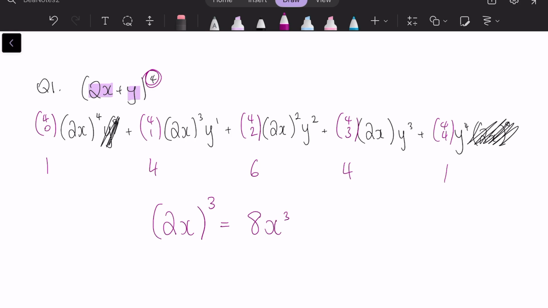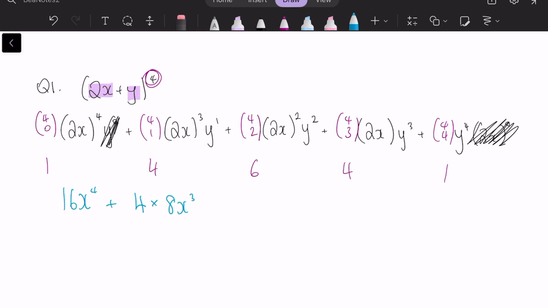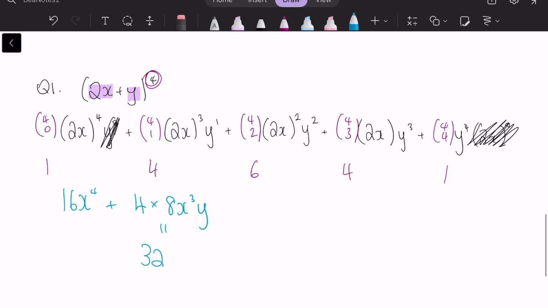Now we have to do the expanding for all the terms. So the first term will be 16x^4, plus the next one will be 4 times 8x^3 times y. So this ends up becoming 32x^3 y.